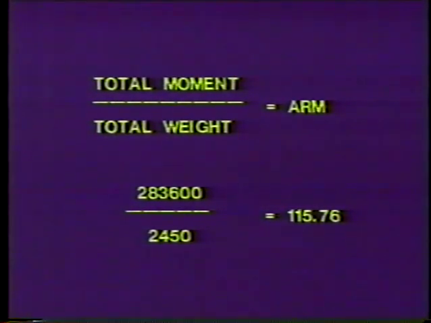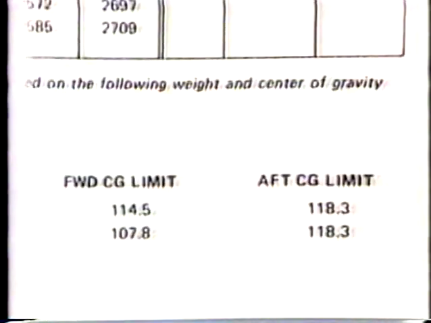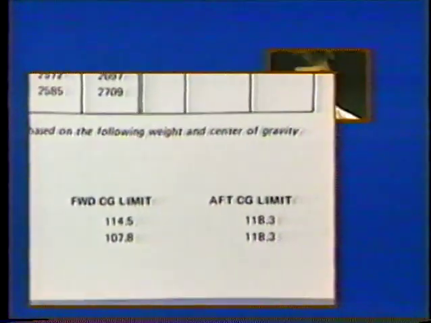Divide the total moment number, 283,600, by the total weight number, 2,450, which places the center of gravity 115.76 inches from the datum. With this center of gravity location, the answer to our original question is yes. The center of gravity is within the forward limit of 114.5 inches and the aft limit of 118.3 inches.